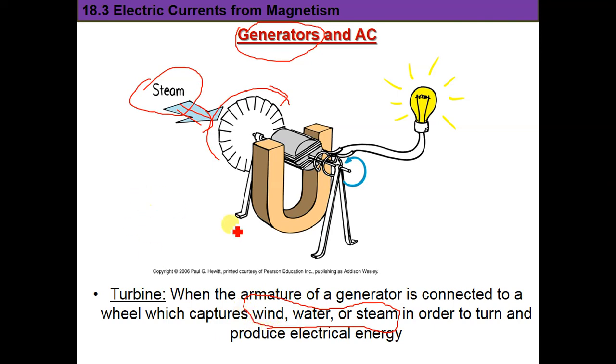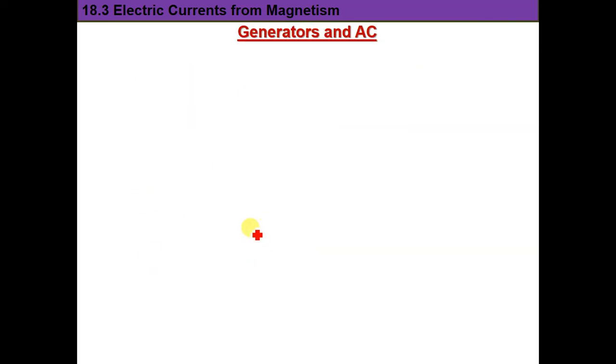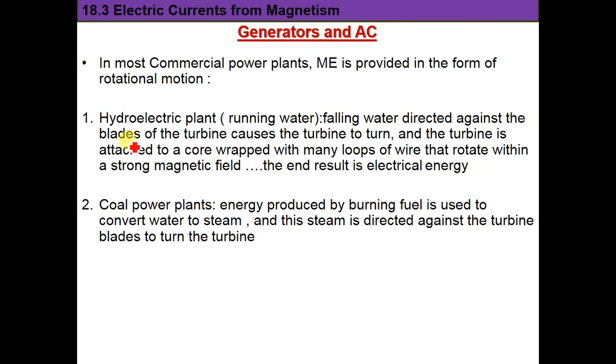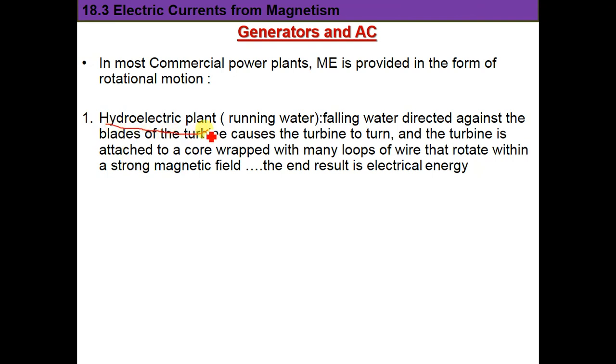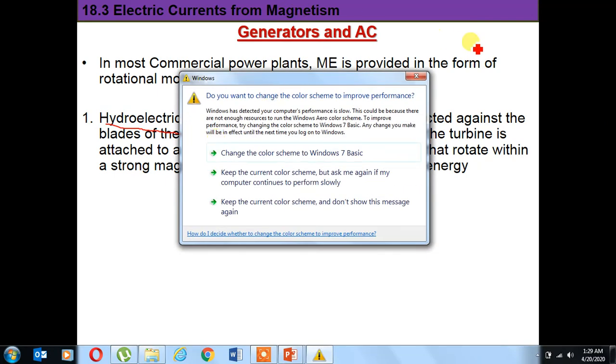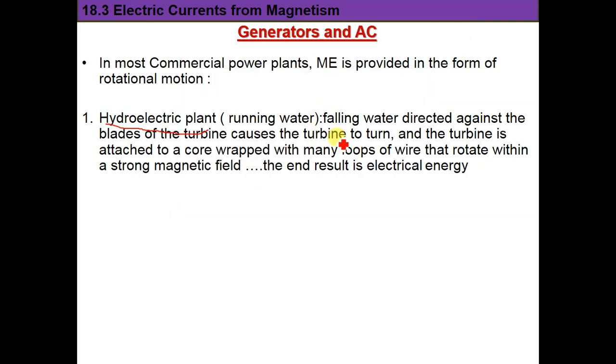We have power plants called hydroelectric power plants. A hydroelectric power plant uses the running water. They build dams, and they direct the falling water against the blades of the turbine, so when the falling water passes through the blades, it causes the turbine to turn.